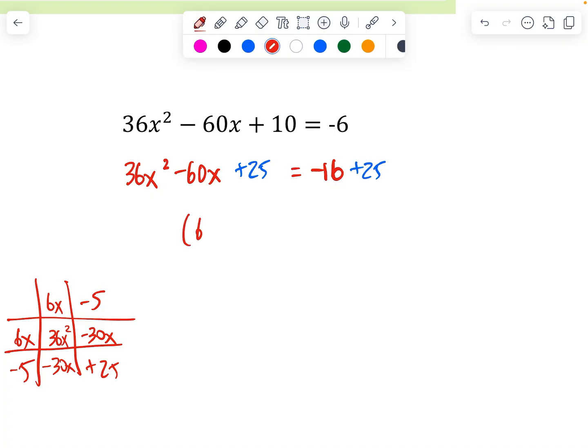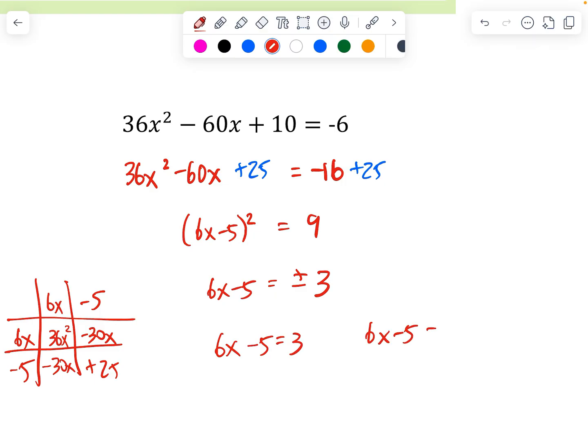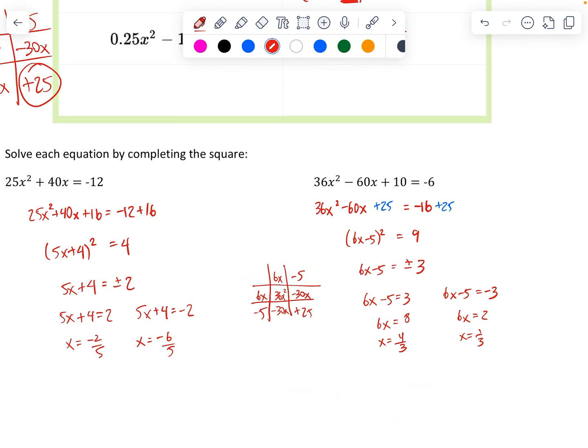So this is going to be 6x minus 5 squared equals 9. 6x minus 5 is plus or minus 3. So 6x minus 5 is 3. 6x minus 5 is negative 3. 6x is 8. X is 4 over 3. 6x is 2. X is 1 over 3. Right, so those are your final answers.